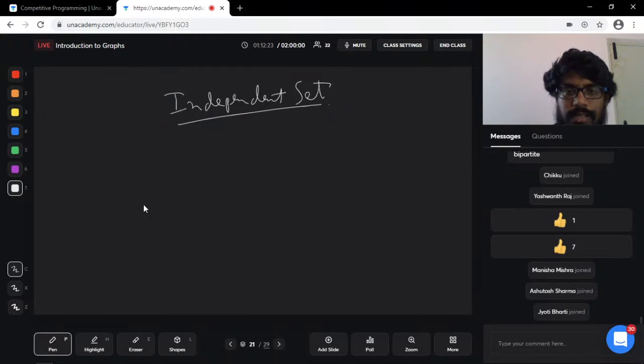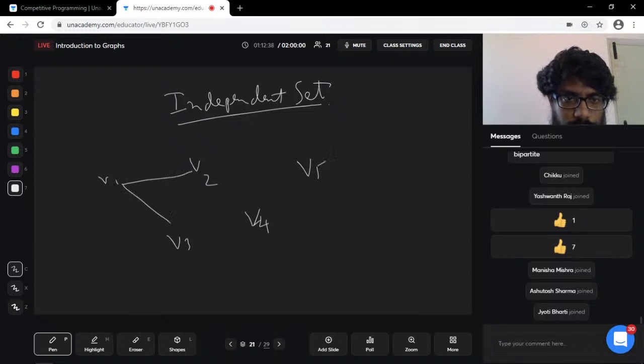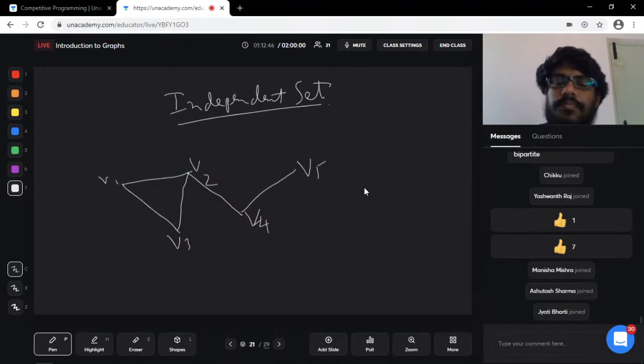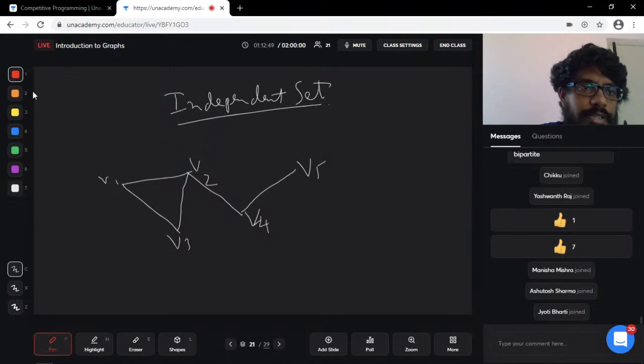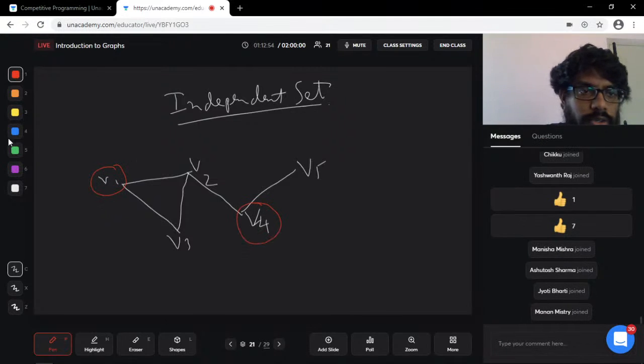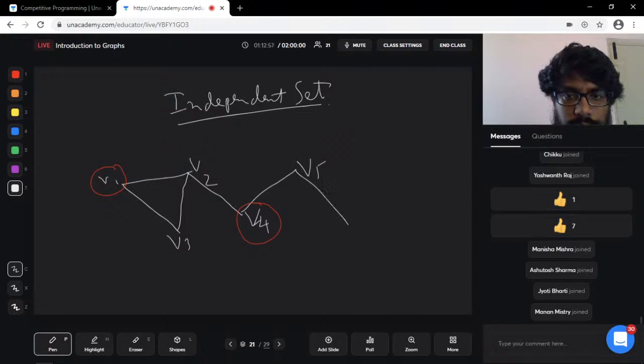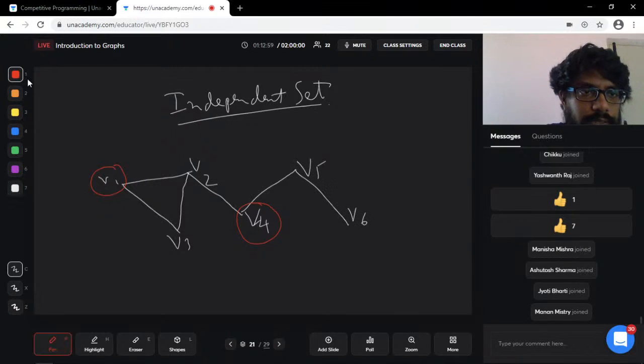So let's take an example with the vertices v1, v4 and v6.